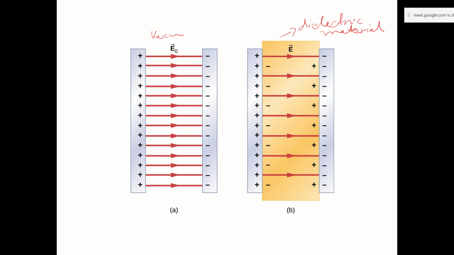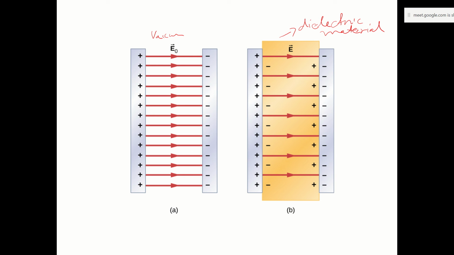placed between them. So in what you are seeing here, you can also say a dielectric reduces the electric field between the two plates of a capacitor. The role of a dielectric is to reduce the electric field.